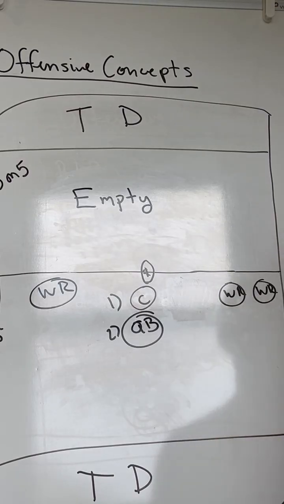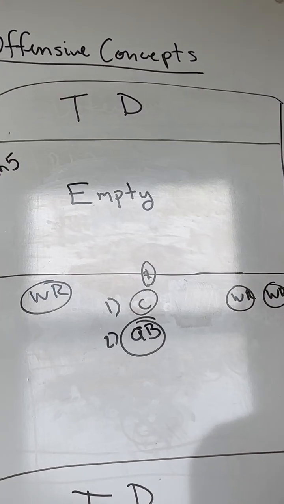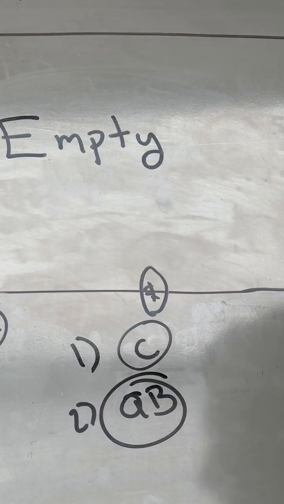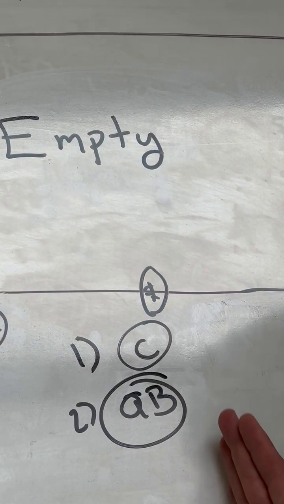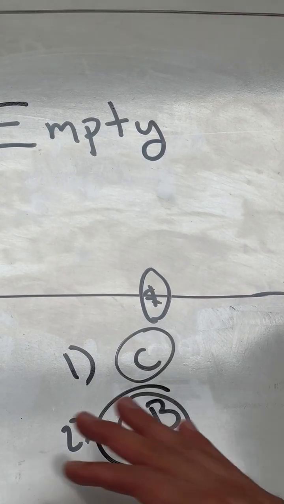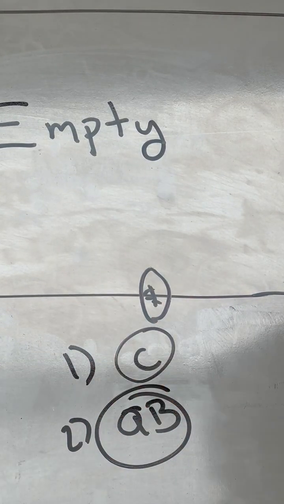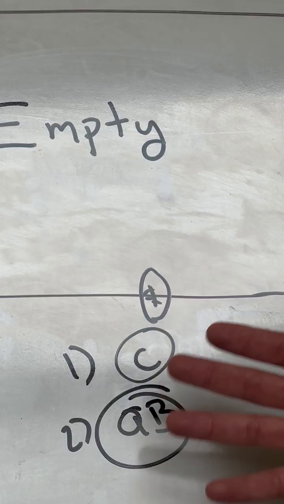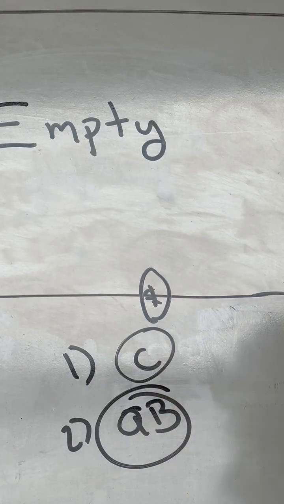Again, those are formation concepts, the words that we're going to try to use when we're lined up on offense to help you athletes line up in a place that makes sense so that we can run some plays. When we are in formations, the formations are for us to be able to start a play. It doesn't matter whether we're running or passing; we have to end up in a formation before we can hike the ball and run a play.